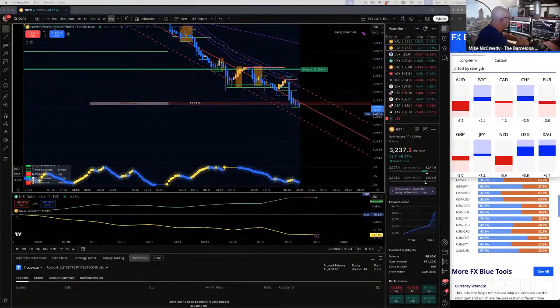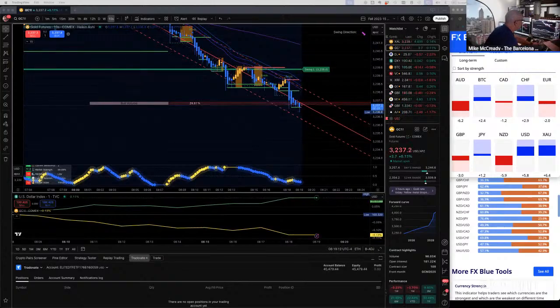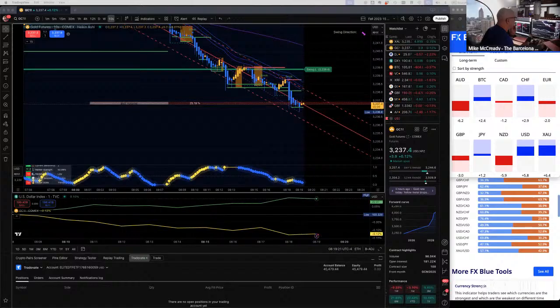Okay, we got 1 minute before COMEX opens, so this might do it. Might be a quick in and out.